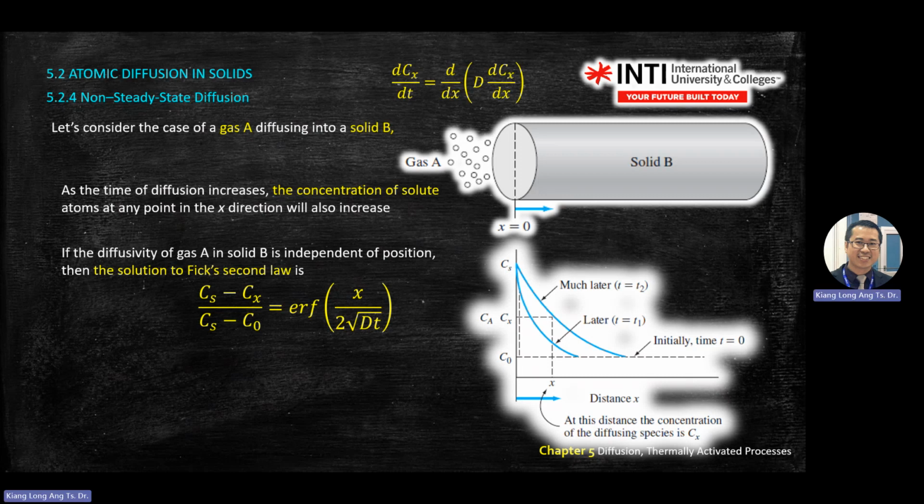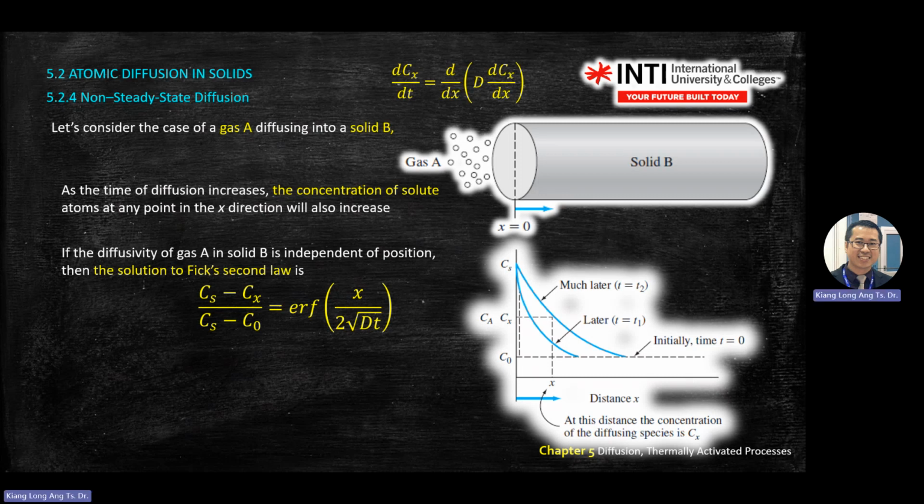So we'll use this solution for Fick's second law for the changes of concentration. You just memorize. CS minus CX. CS means what? Concentration at the surface minus the concentration at the X of your interest. This second law is to estimate what the concentration is at a certain position.